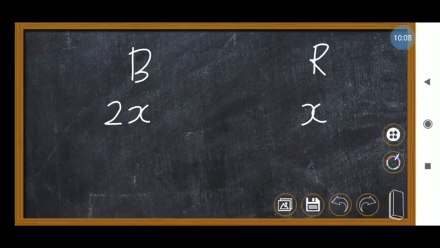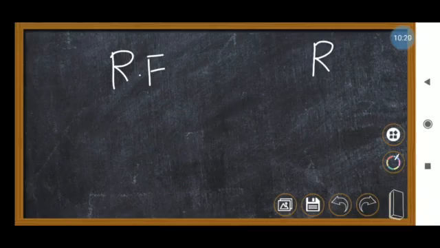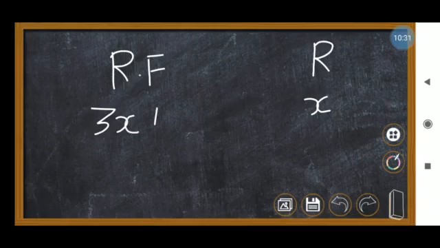The next one they have given: Raju's father's age is 2 years more than 3 times Raju's age. If Raju's age is x, Raju's father's age will be 3 times Raju's age and then plus 2, that means 2 years more, so 3x plus 2.